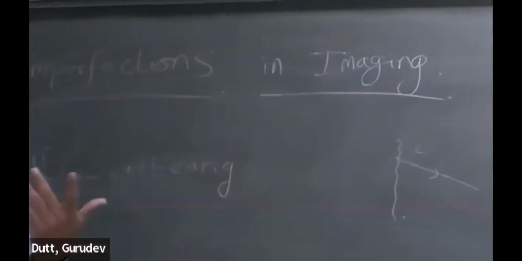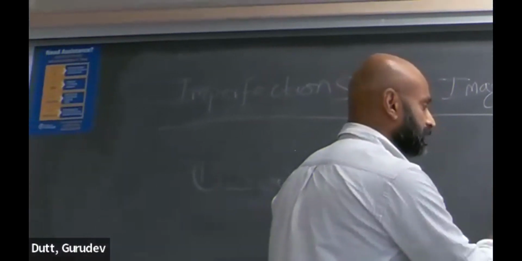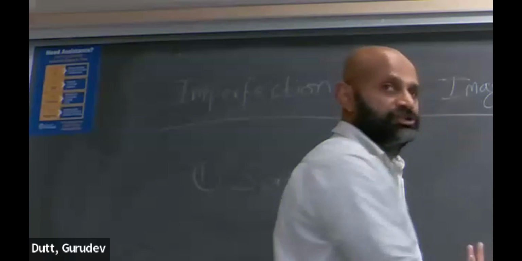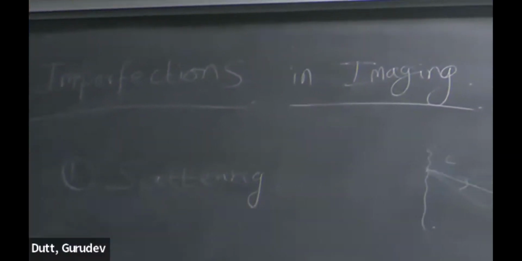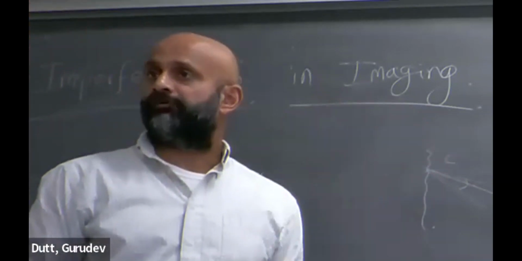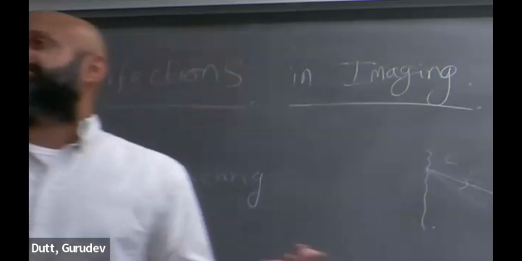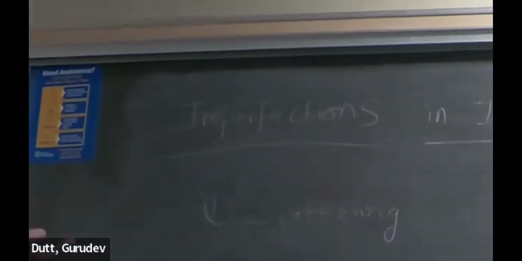Remember, we talked about the specular reflection beam, which satisfies the law of reflection, but we also get some other ghost reflections or diffuse reflections. So the first way in which we can get imperfections is that some of the rays, even though by the law of reflection they should only go in one direction, some amount of energy, if you like, is lost to scattering.